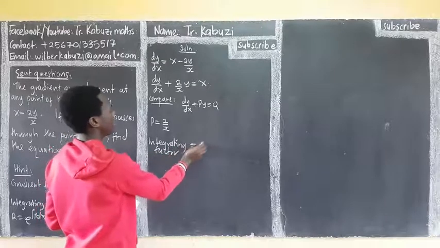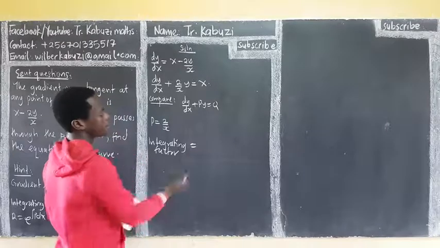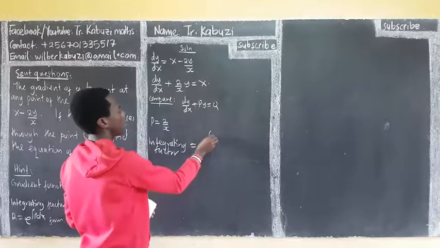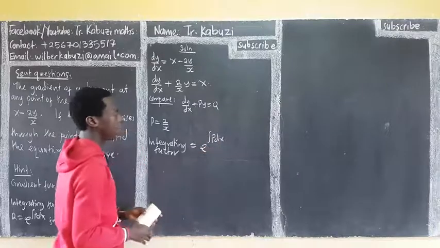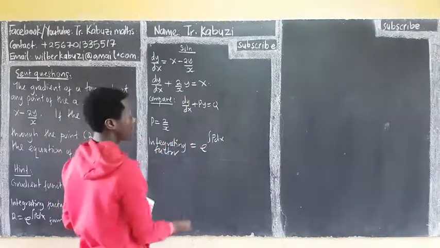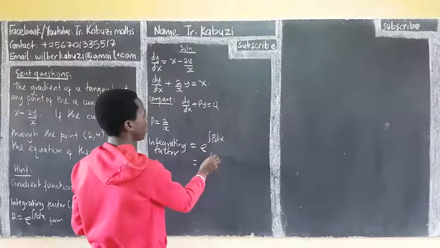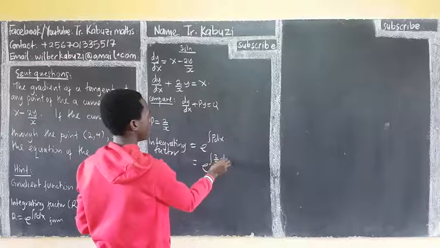I'll say this is given by e to the integral of p dx. Now I have my p, which is this. So this is going to be e to the integral of 2 over x dx.